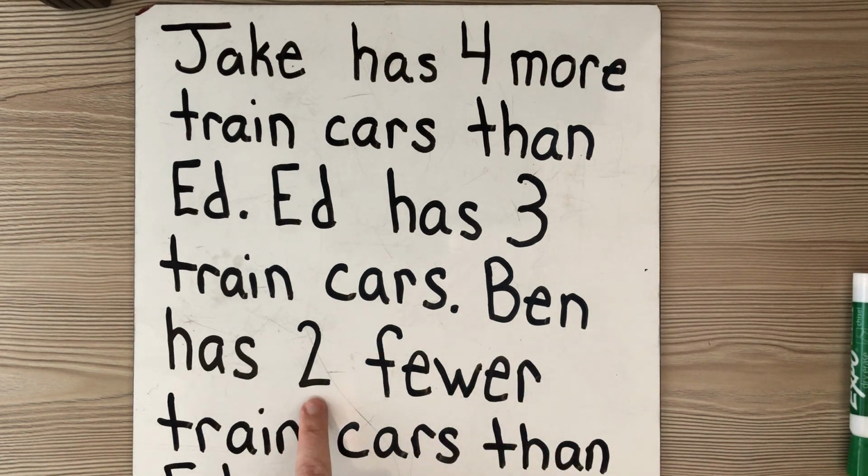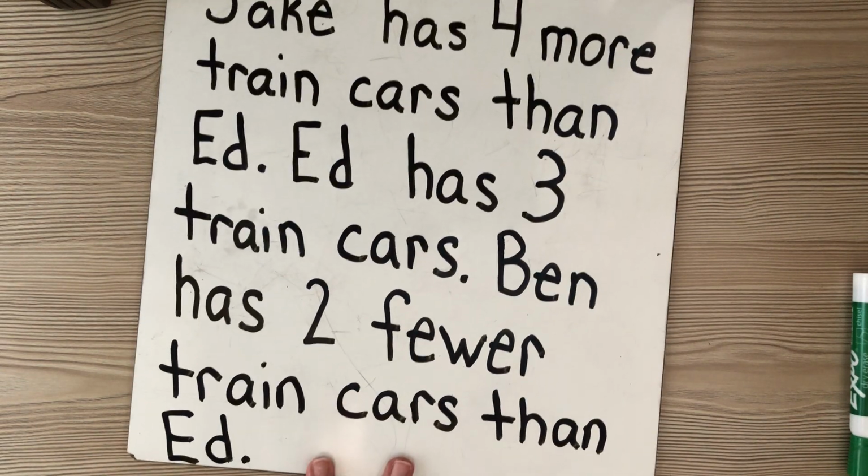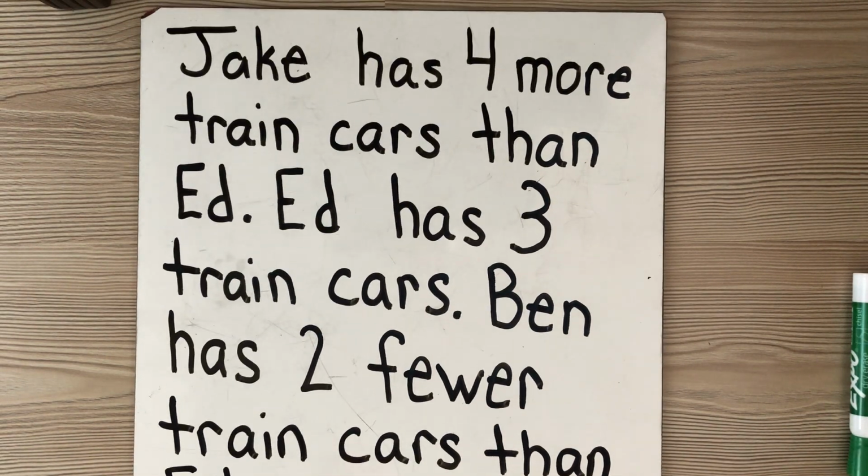Ben has 2 fewer train cars than Ed. All right, boys and girls, so in our word problem, we have some names and we have some numbers. So the first thing we are going to do is find each person, and look at the clue.